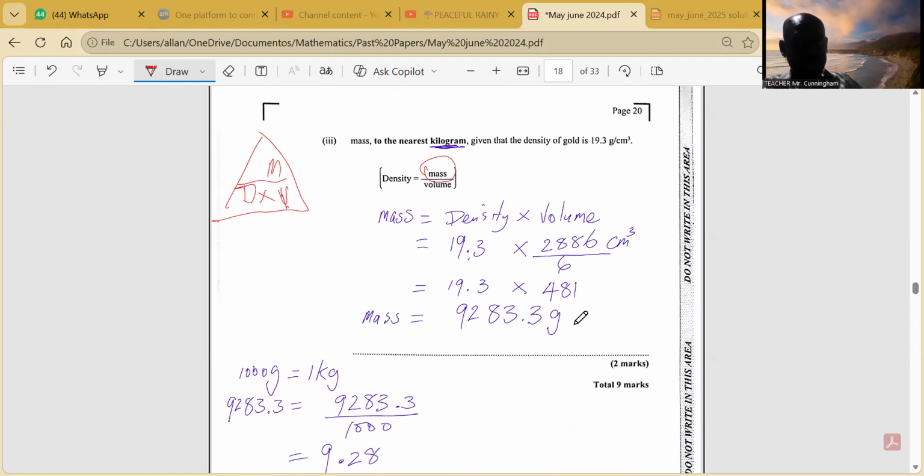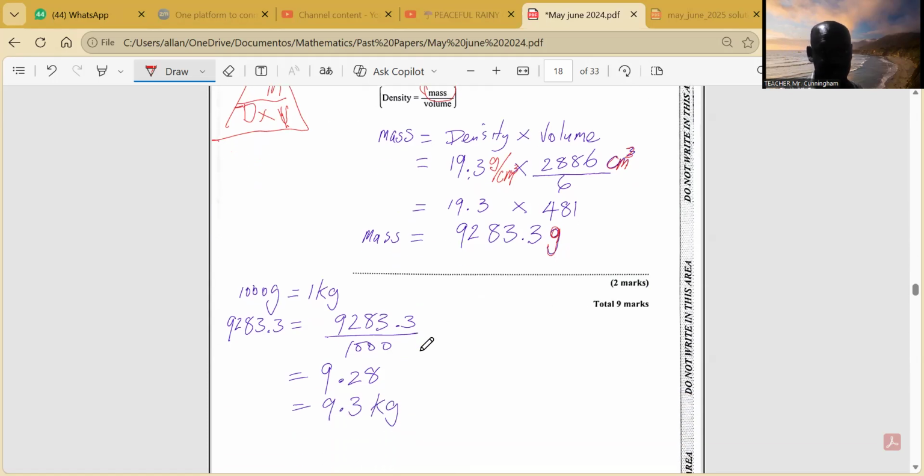This multiplied by that, this answer is in grams because this was in grams per centimeter cubed and this was centimeter cubed. So the centimeter cubes will cancel, leaving me only with grams. Yeah?